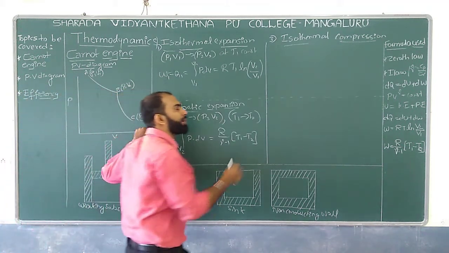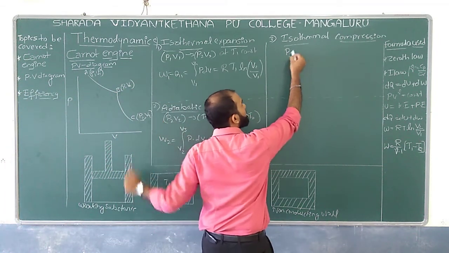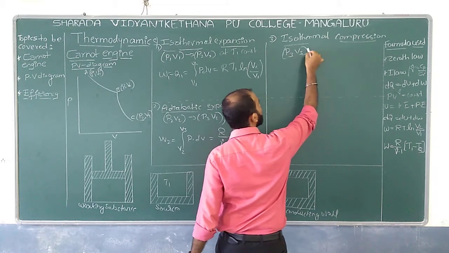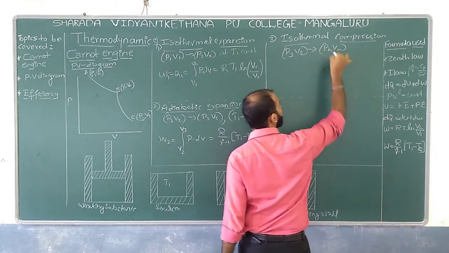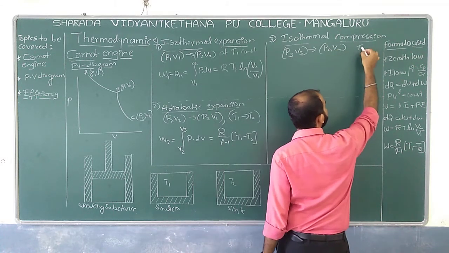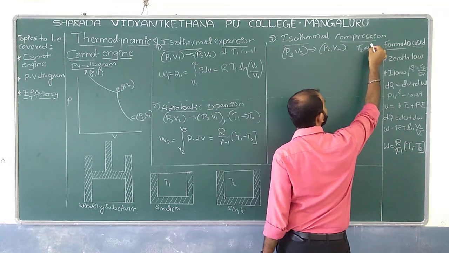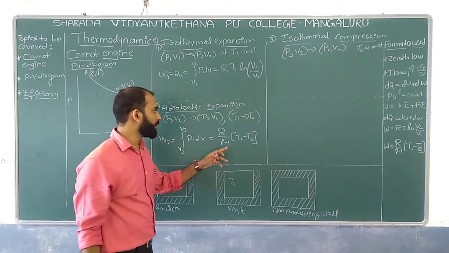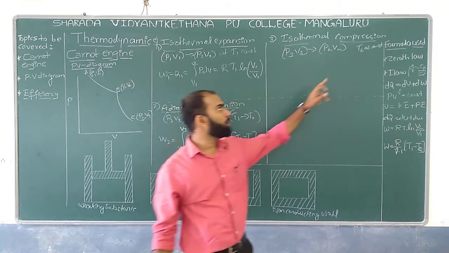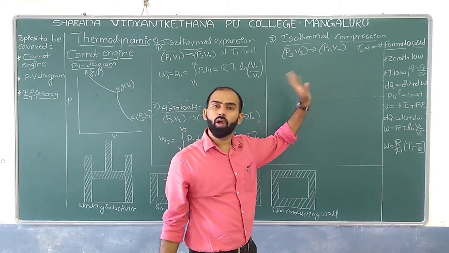So now, it can vary from P3, V3 to P4, V4, by keeping T2 as a constant. Because the temperature is varied from T1 to T2. Now, right now, T2 we have maintained as a constant.